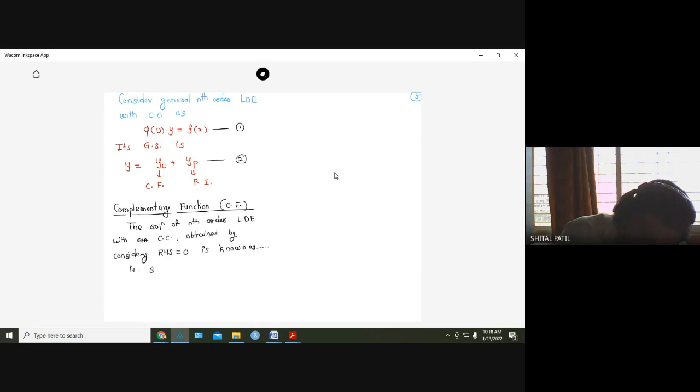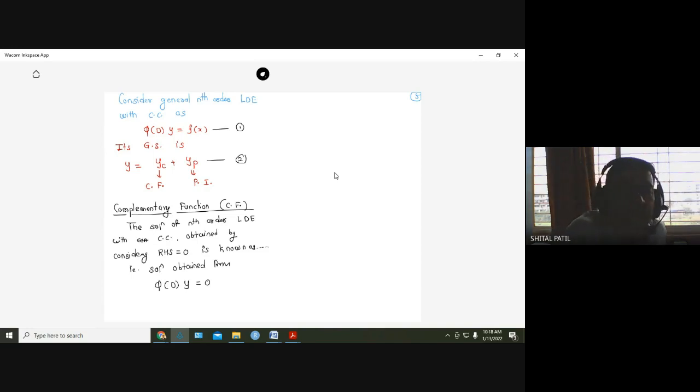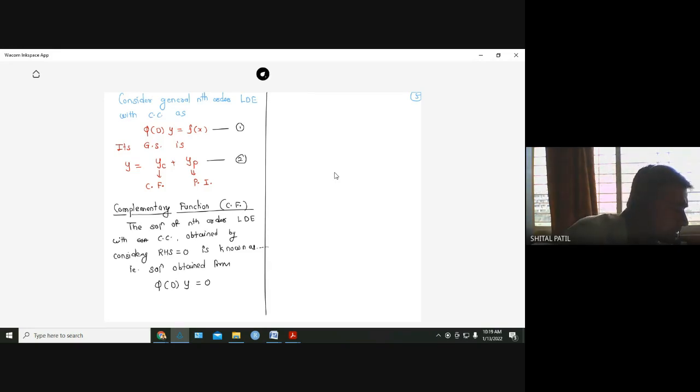That is, the solution obtained from this part only. Now the question remains what to do about the right hand side. That we'll study in the particular integral. For many of the examples, the right hand side is already 0, so you don't have to make any change. But if the right hand side is not 0, we have to consider it as 0 and then solve it. Are you getting everyone? Okay? Yes, sir.